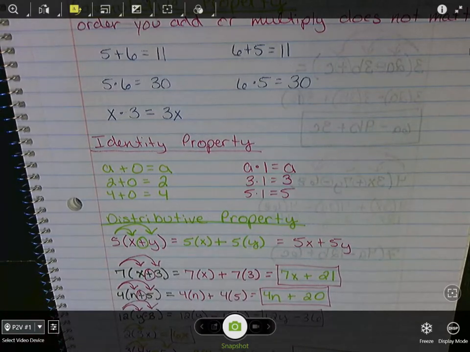Alright, I'm going to come by and check the work on your paper, see how you're doing. Okay, your final answer should be written as one expression. Okay, I see it here. Looks good.